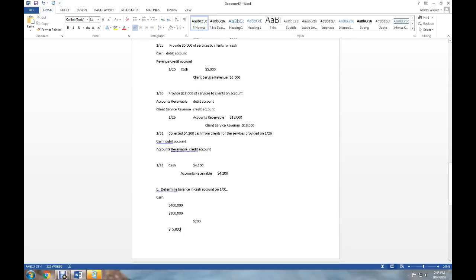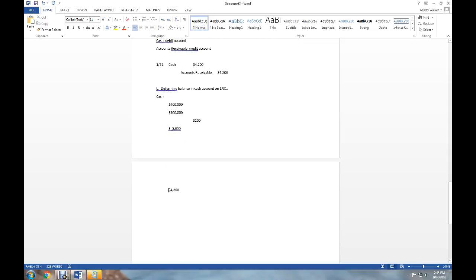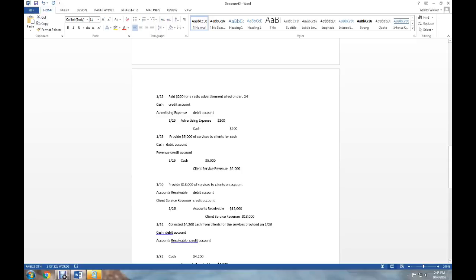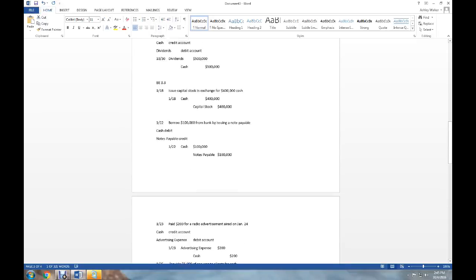January 26th, we didn't affect cash at all. January 31st, we had another debit to cash. Didn't work out quite as neatly as I'd hoped, but we'll make it work. So what is the balance in our cash account? Let's just go back and double check.